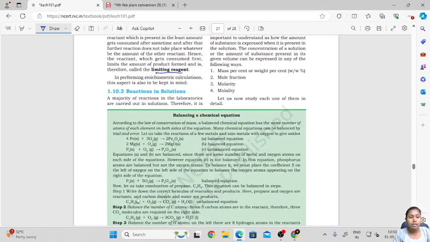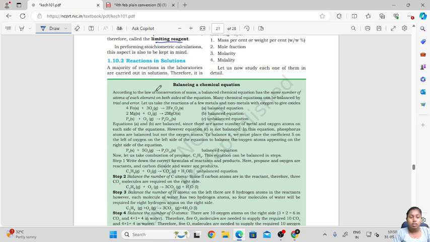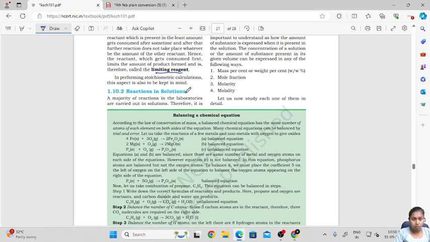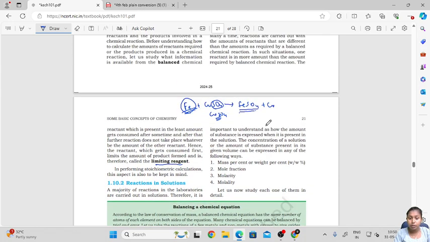Okay, till now we have seen about solids like atoms and molecules. Now what are the reactions in solutions? A majority of reactions in laboratories are carried out in solutions. Therefore it is important to understand how the amount of substance is expressed when it is present in the solution.